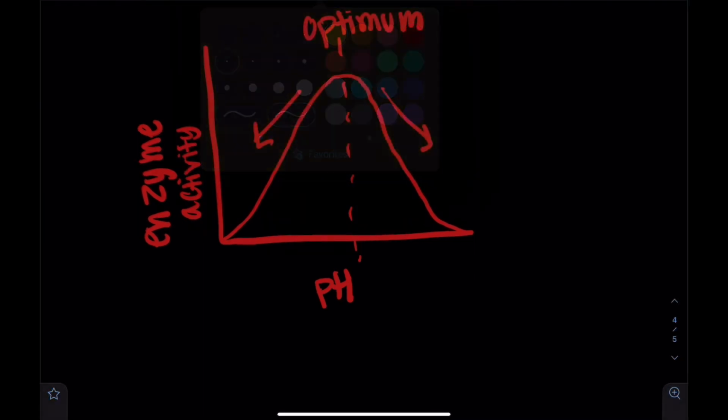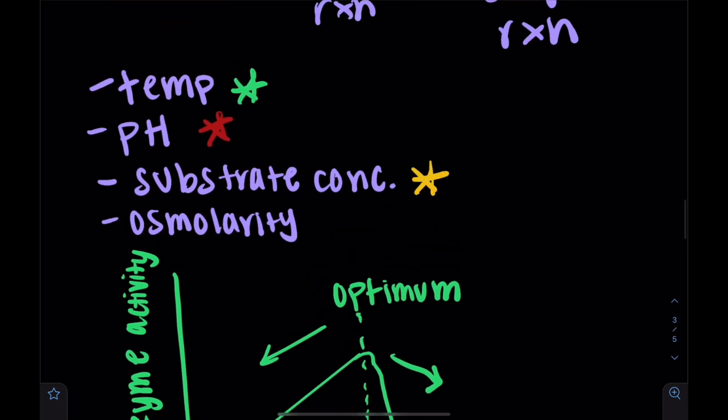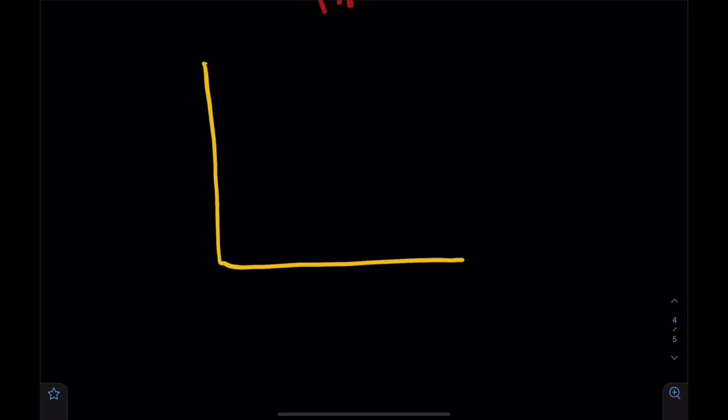All right, so now let's go ahead and discuss substrate concentration, and let's talk about how that influences our enzyme activity. So once again, I'm just going to draw a graph. This is going to be our reaction rate.